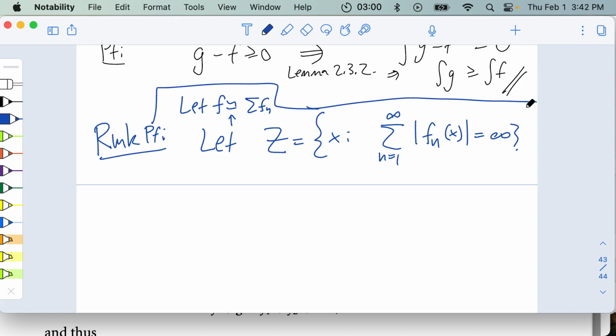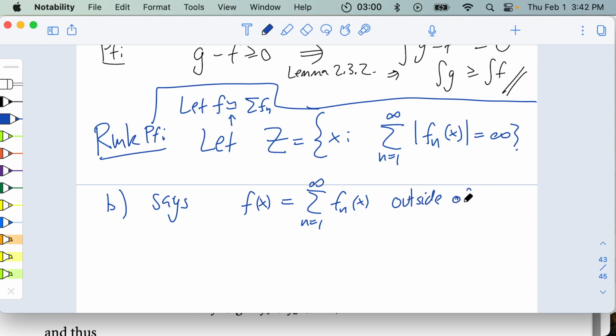So bullet point B is saying, let me remind you what bullet point B says. B says f of x equals the sum of the fn of x outside of z. So on the set z, you don't have to do anything, but off the set z, which is the bad set, they're equal.